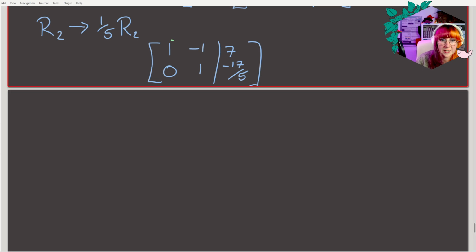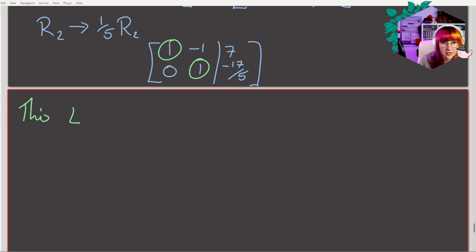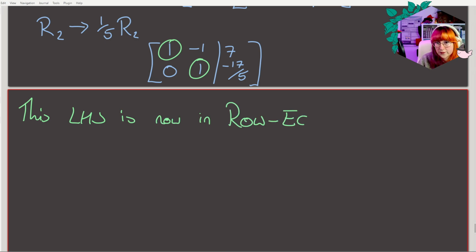So now I have my leading 1, and I have my leading 1, and everything to the left and down is a 0. So this left-hand side is now in row echelon form.